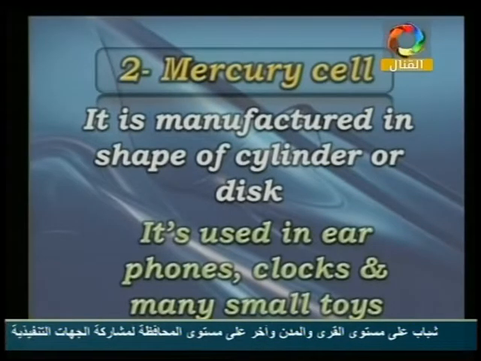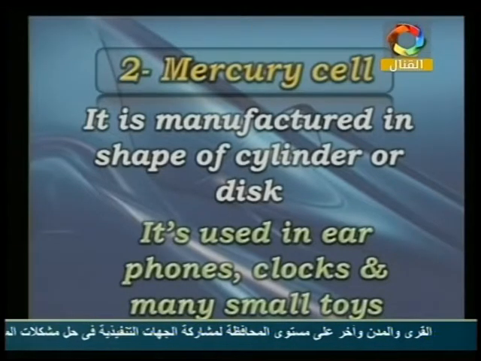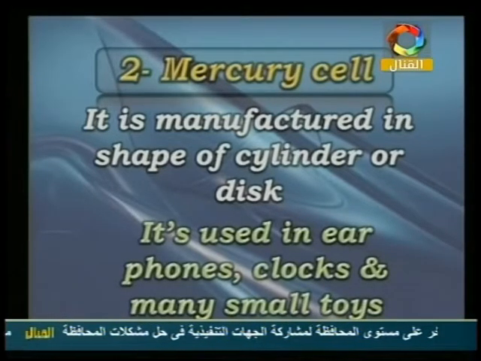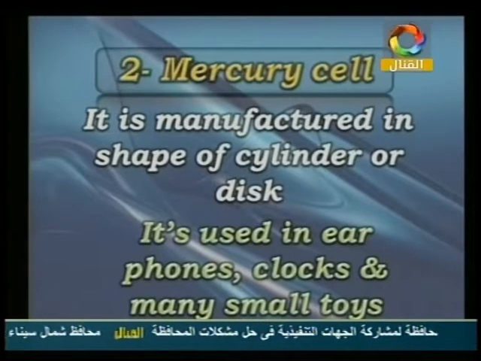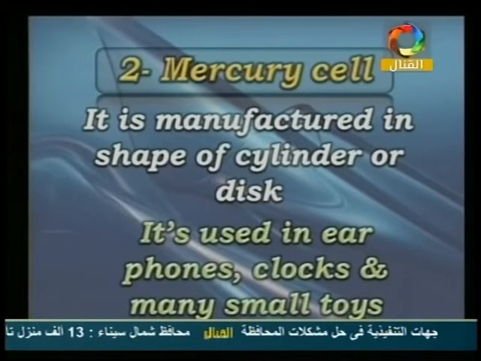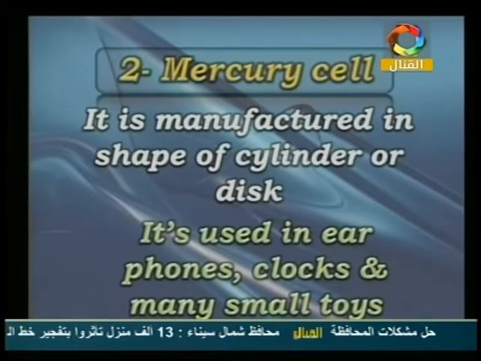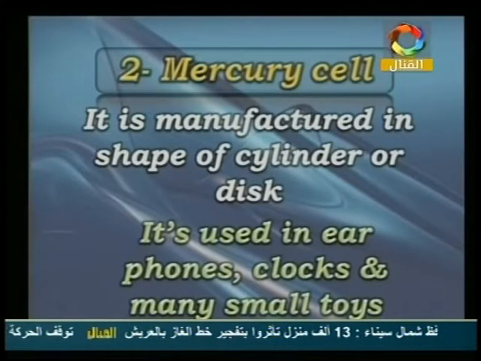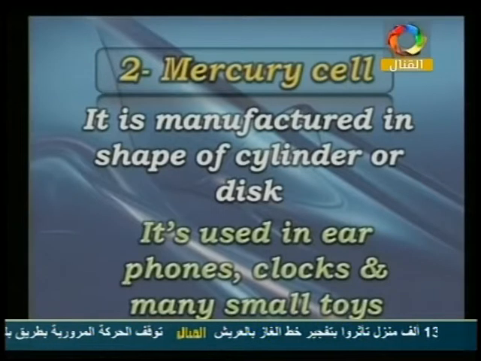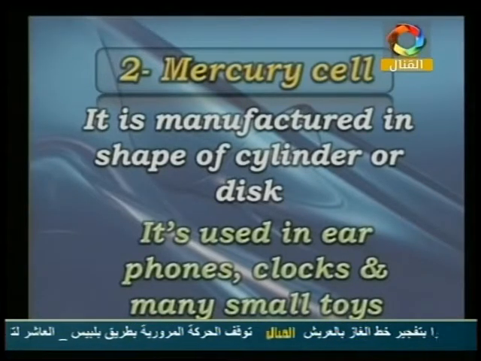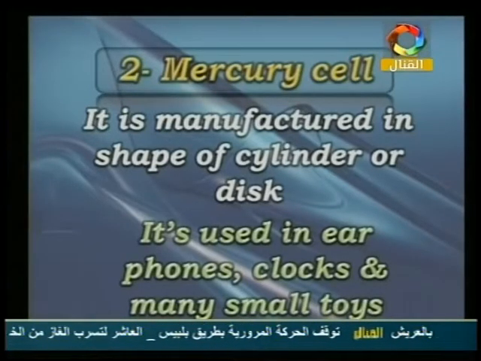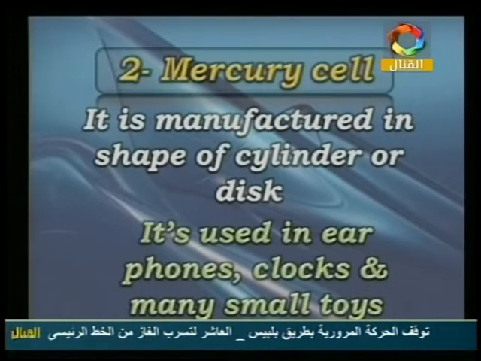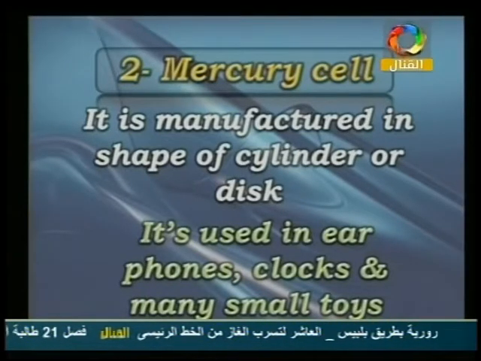It's used in earphones, it's very small, in clocks, in watches, in many small toys, and in the device used to measure the concentration of sugar in our blood. So the mercury cell is very important because it is very small. It's easy to transfer from one device to another to operate one or many of them at the same time.